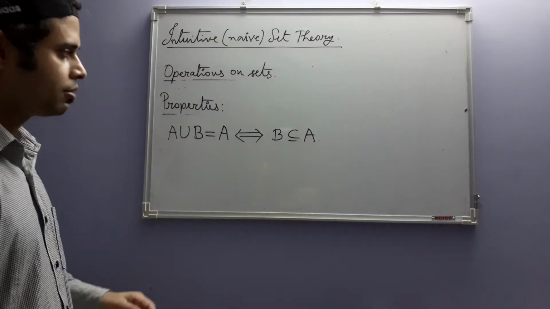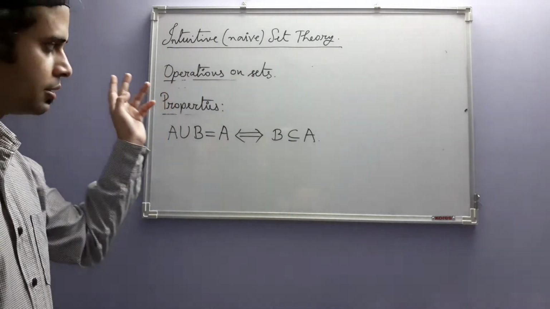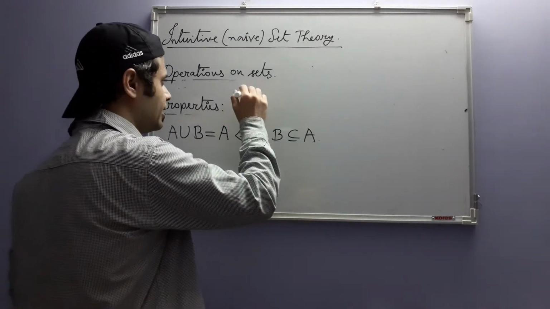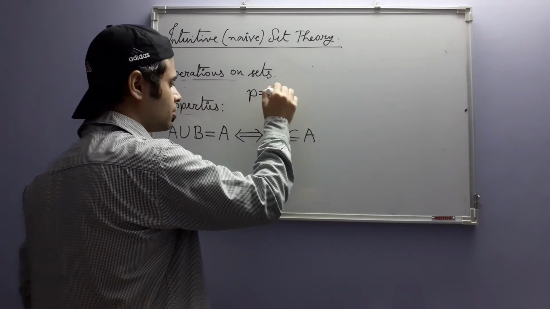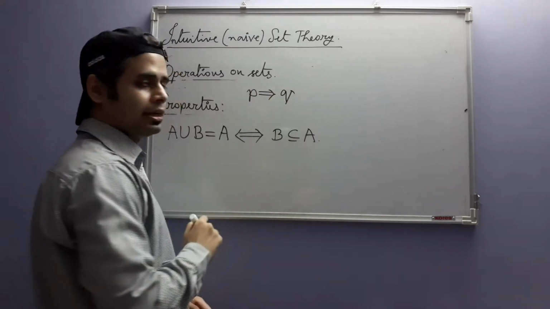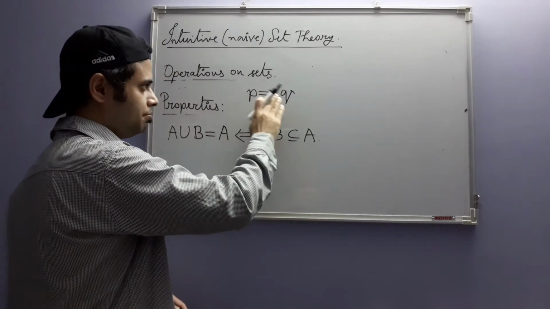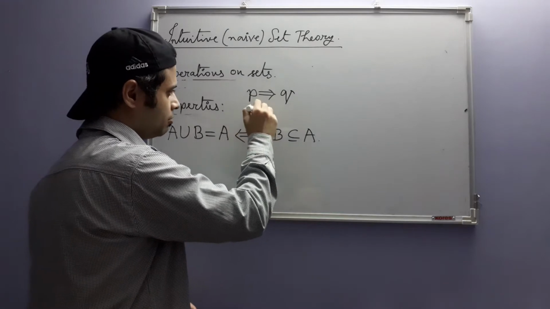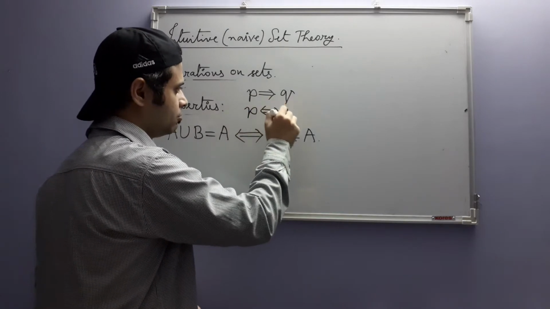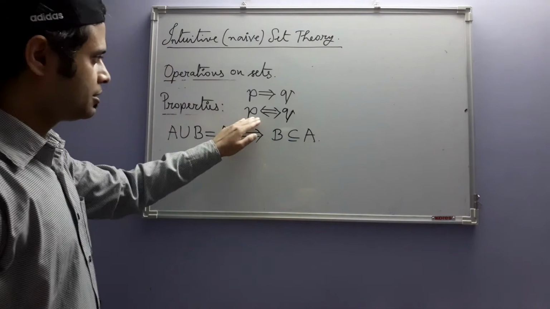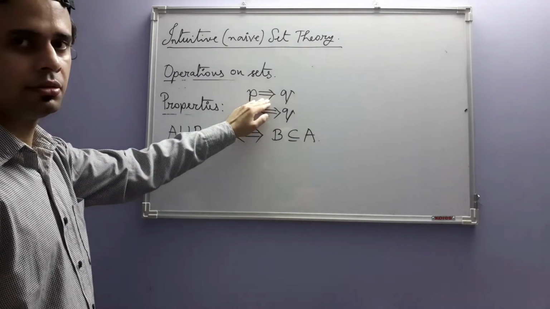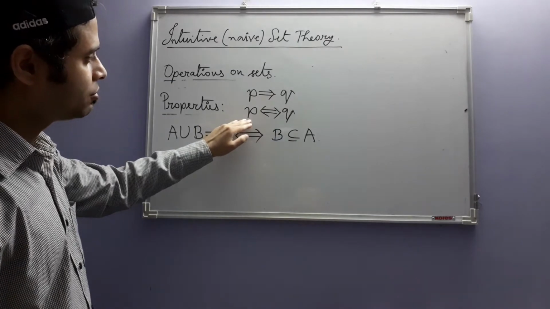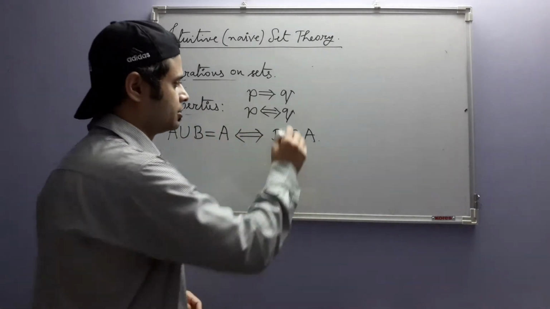If you recall from our previous discussions, I have said that mathematical statements come in two forms. Either they look like this, P implies Q, or P is equivalent to Q. Now this second type of statement is stronger than this one, because here we actually have two implications.